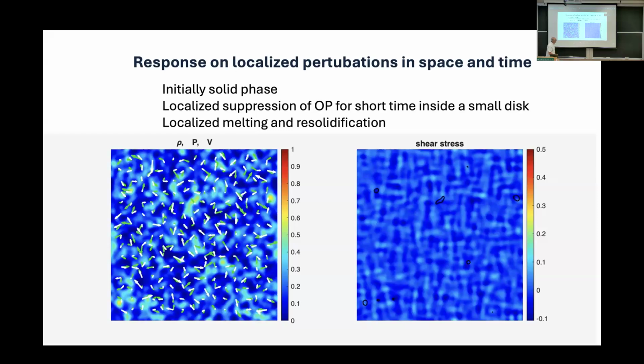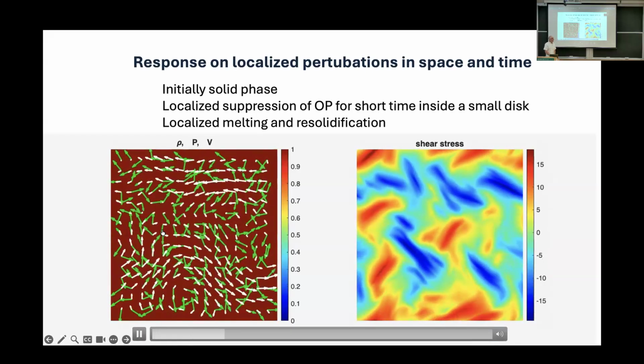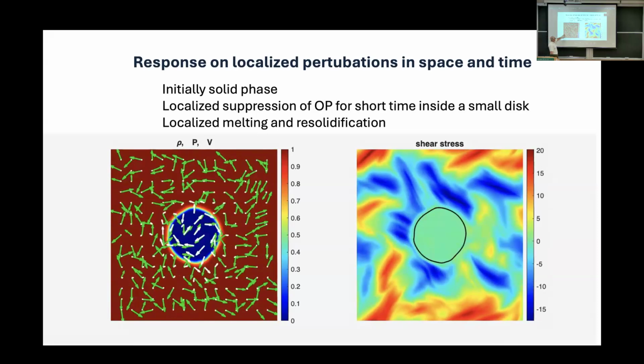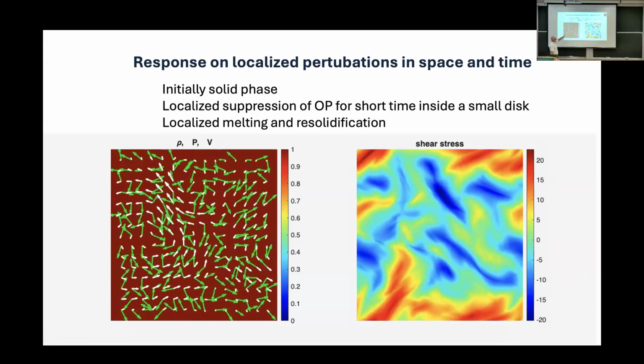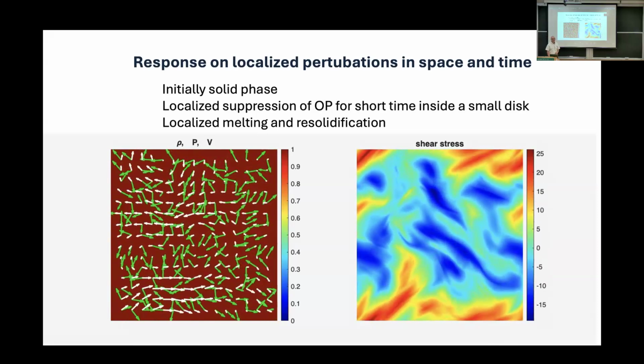What you will see in this video is that first everything becomes red, so it's solid. And then in the center of the domain, it becomes blue. So we melt it: we disrupt cell-cell adhesion by intentionally setting the order parameter to 0 in this small domain. It solidifies, so velocity decreases, and then we melt it, and then it shrinks again.